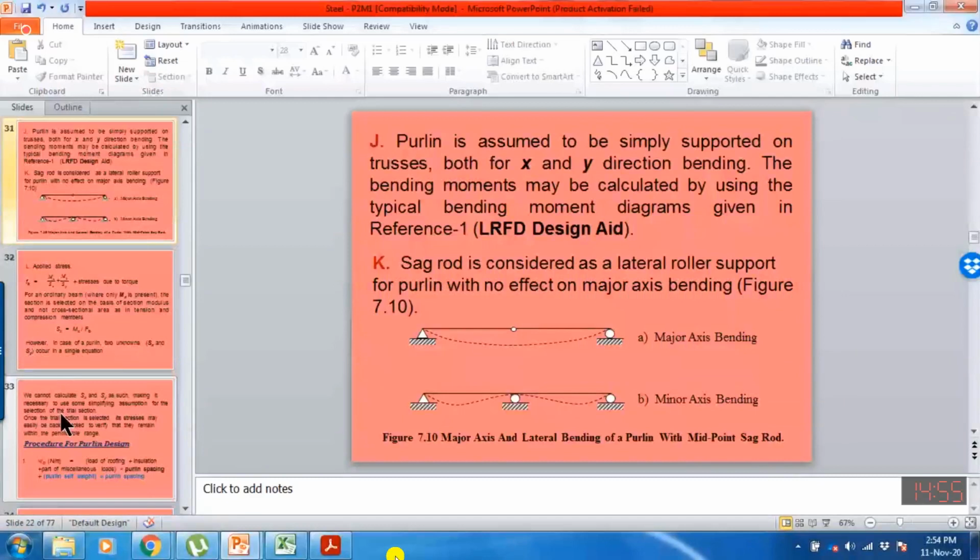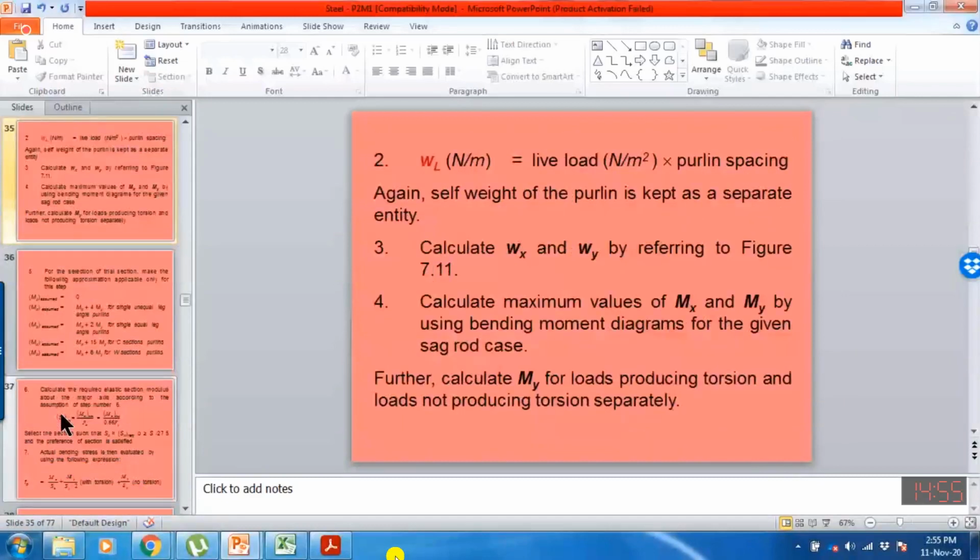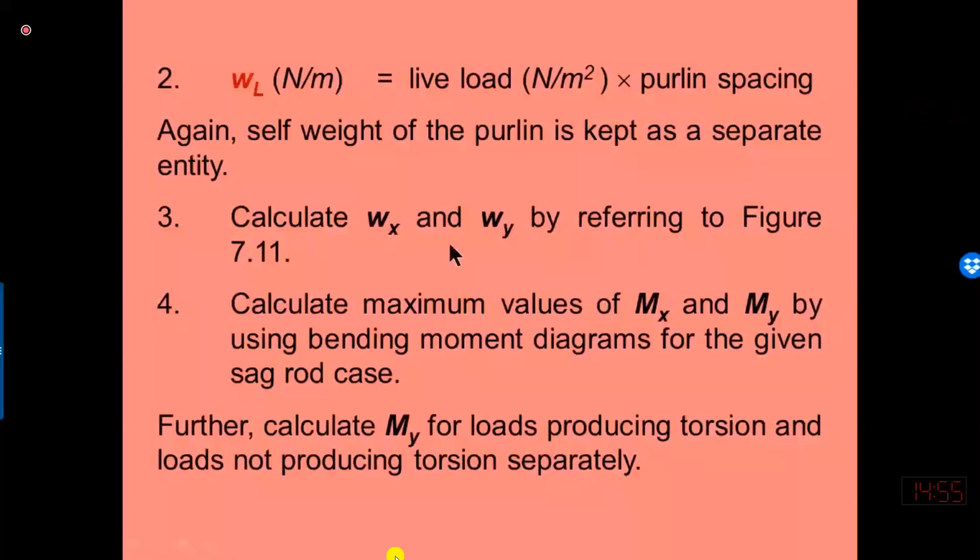The total load will be converted into the x component and y component. Then we can compute the moment due to the x component and y component of the applied load. Calculate the maximum values of Mx and My by using the bending moment diagram for the given sag rod cases.